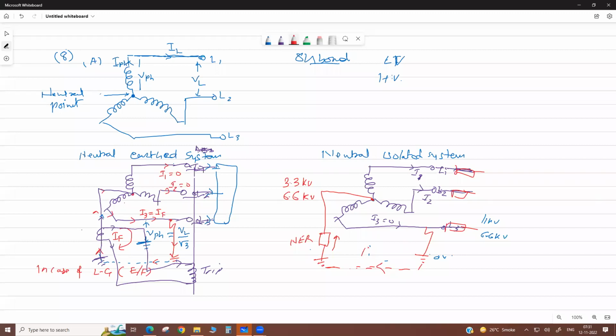Now we limit this fault current up to the full load current, because this winding is designed to carry the full load current continuously in the normal case. But if an earth fault occurs, very high current is passed, so to limit this current we put a resistance, which is grounding through NER.